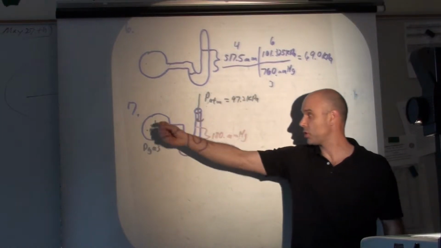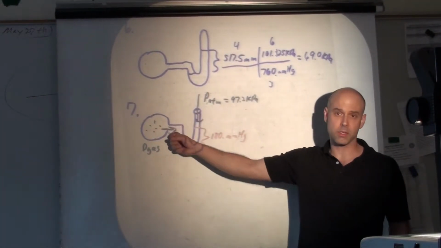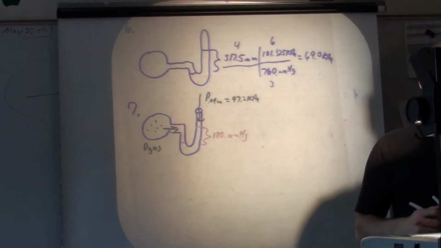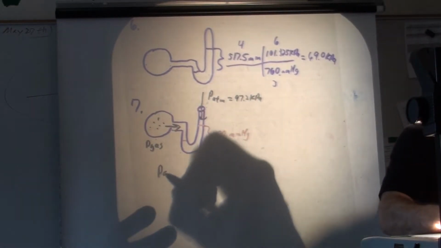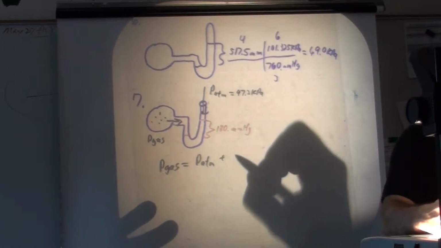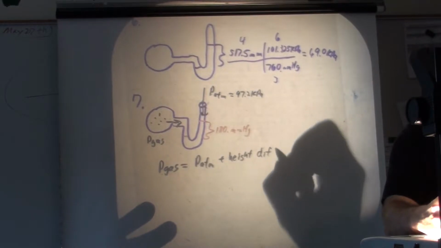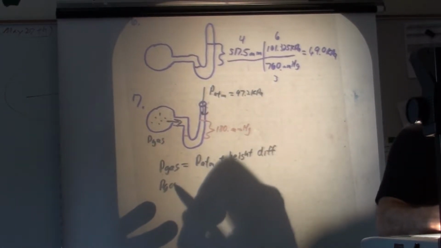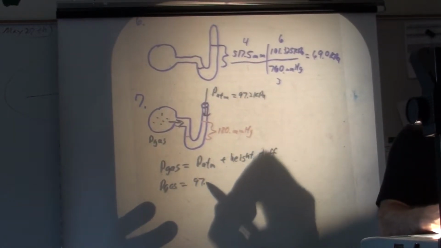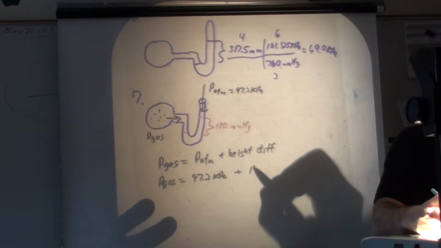The gas, because it's pushing the mercury up into that side. So if the gas is stronger, you're going to add the height difference. So we would do 97.2 plus the height difference.